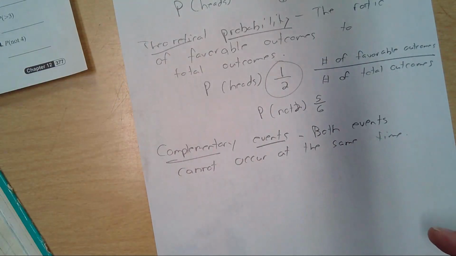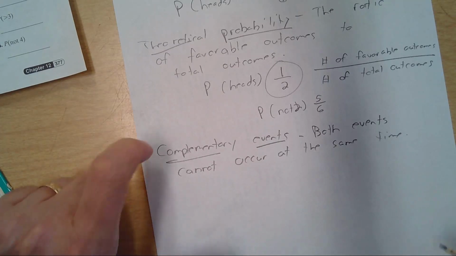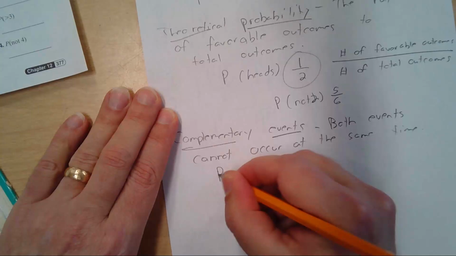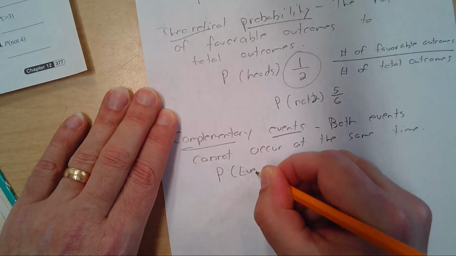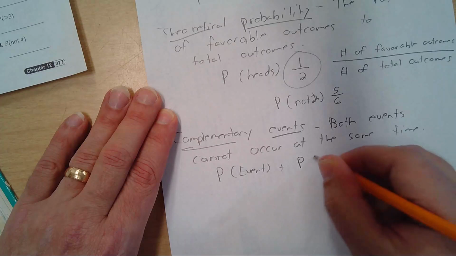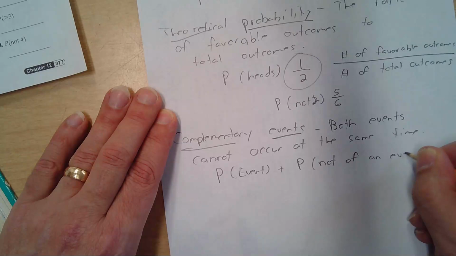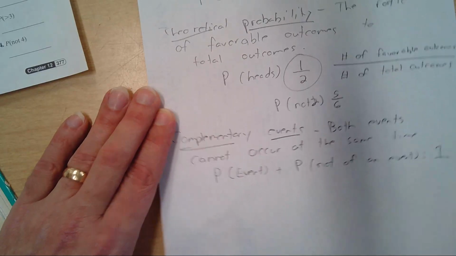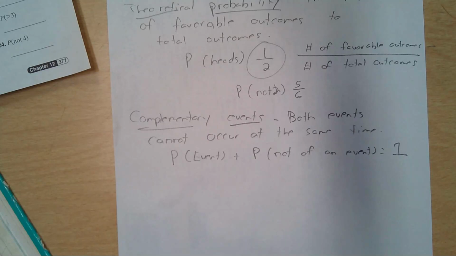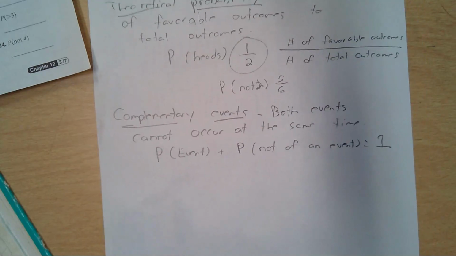And how do I want to write this here? I'm going to write it this way. Equals 1. And I'll explain that here in a second.